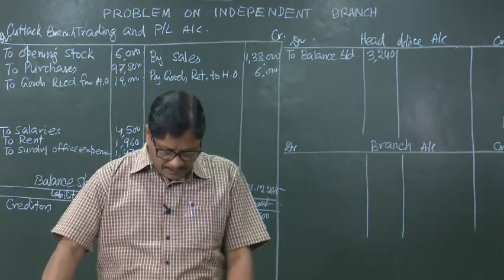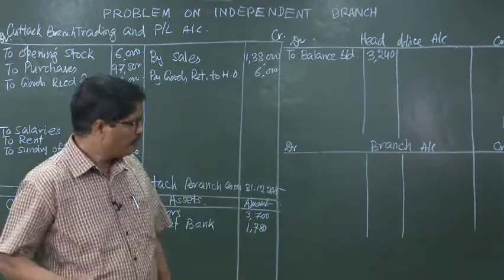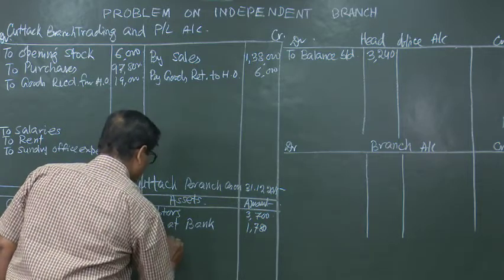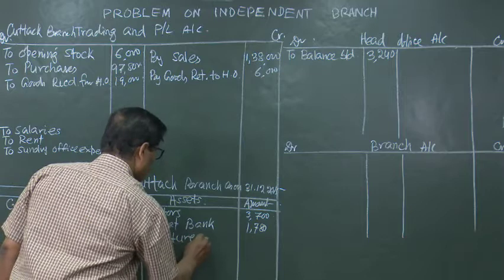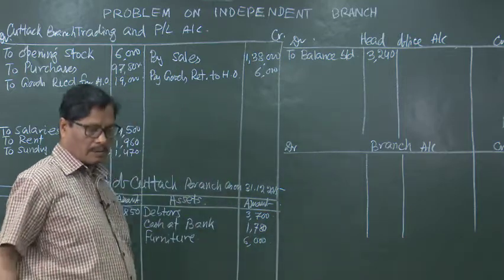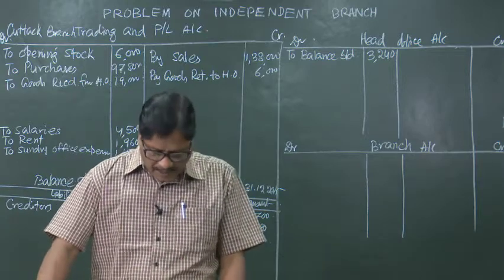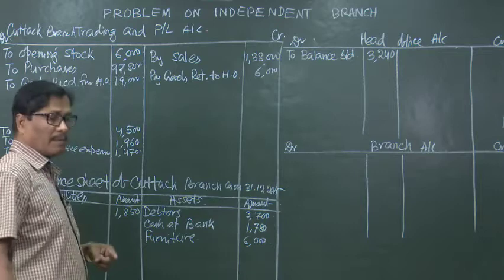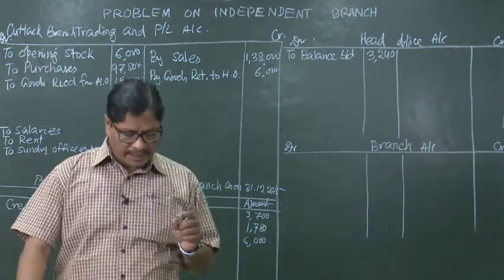Then furniture 6,000. Furniture also here it will be furniture 6,000. Depreciation on furniture 400. Depreciation on furniture is given in the trial balance.